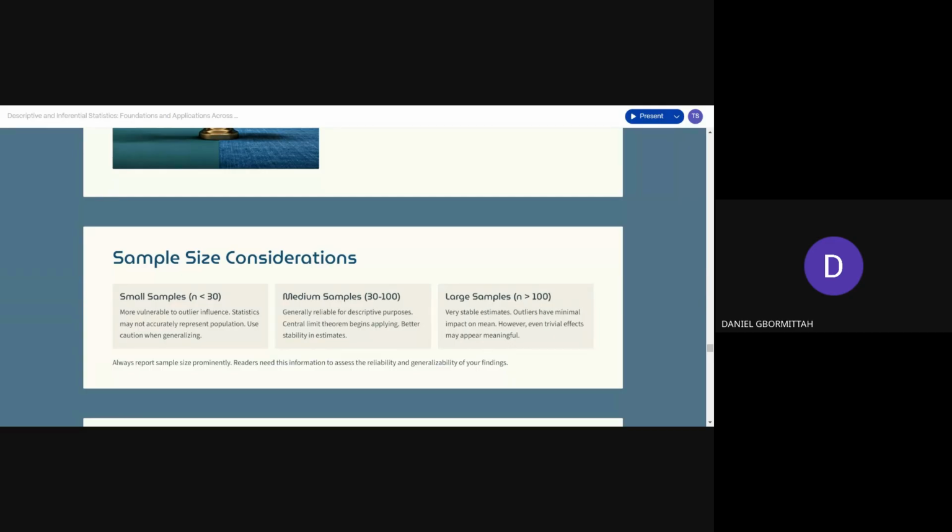Now, in testing for normality, one of the things we check is that your sample size should be greater than or equal to 30. If your sample size is less than 30, then one of the assumptions is violated.